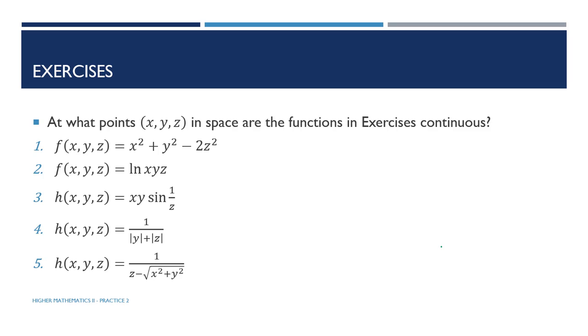We also can check the continuity for the functions in space which have 3 variables x, y, and z. That kind of functions we can check their continuity. For the first function, it's continuous everywhere in the space.